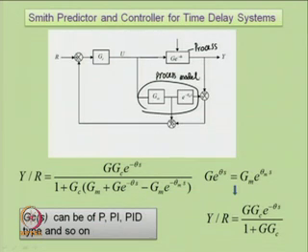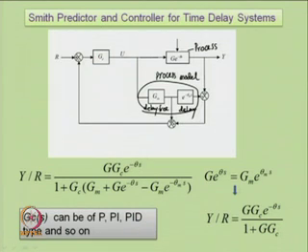The process model is made up of two parts: the delay free part, and the time delay or dead time part. The actual process put in this fashion along with the process model gives us a Smith predictor and controller structure.